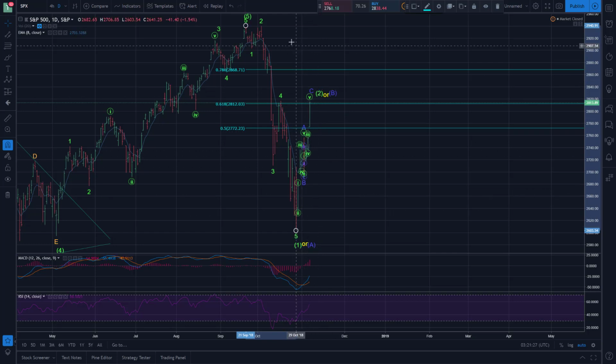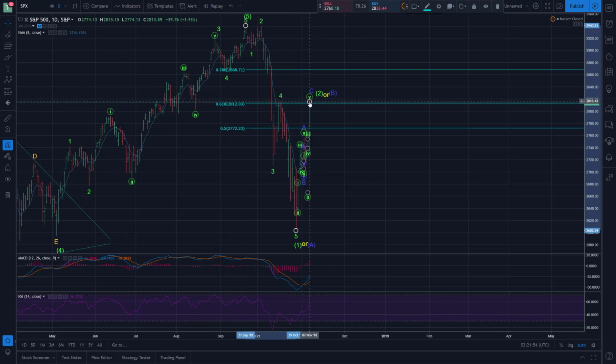Wave 2 can retrace up to 100% of the previous impulse wave. So that would be anything up to and including 29.40.91. Now, I would be having some serious doubts as to what's going on here long before we got to that point. But technically, this wave labeling would not be invalidated until that previous all-time high got taken out.